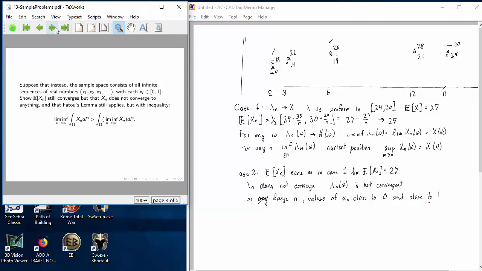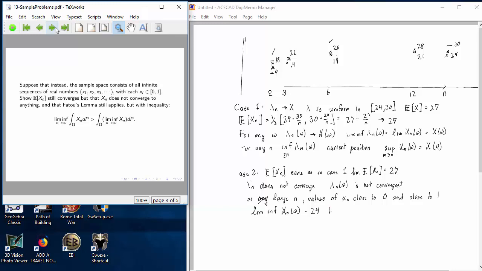So what I can say is that the lim inf of x sub n of omega, that is the smallest value that's going to show up after time n in the limit, is going to be 24, because there'll be some large value of n for which x sub n is very close to 0, and the position will be close to 24.